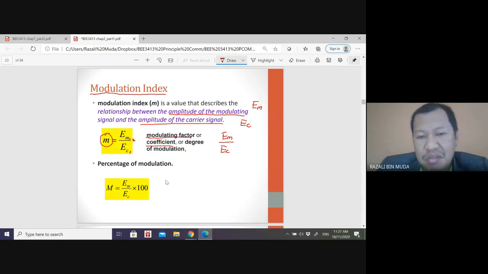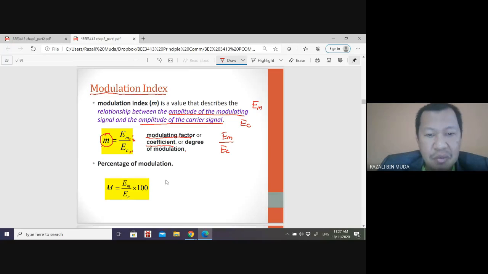They carry the same or almost the same meaning. So the equation is always the modulating over the carrier, M over C.